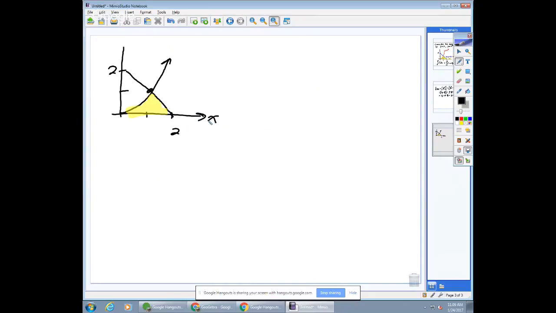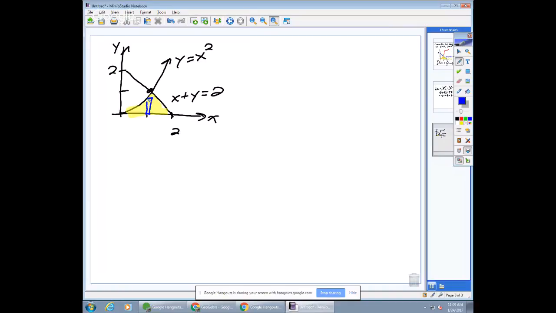We have x, we have x plus y equals 2, we have y equals x squared, and the y-axis up there. Calculus introduces us to the idea of forming our rectangles vertically, leading to the integral with respect to x.